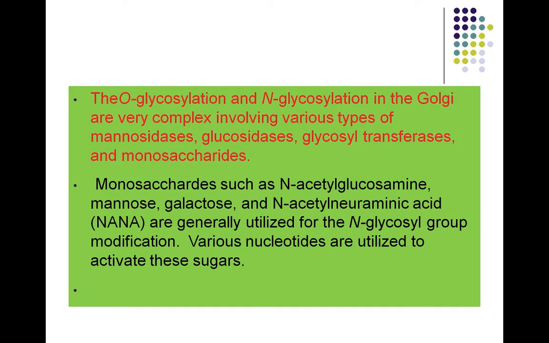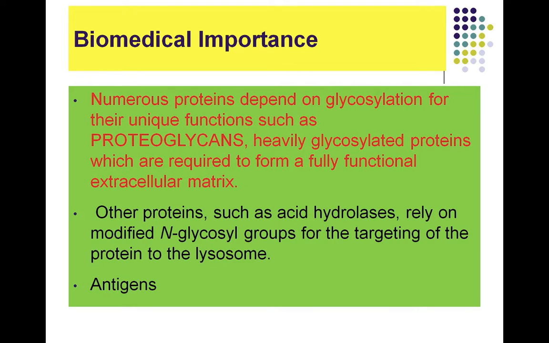Now, what's the biomedical importance of this process, terminal glycosylation? There are a number of proteins that depend on glycosylation for their unique functions. Basically these are the proteoglycans and glycoproteins, which are heavily glycosylated proteins.